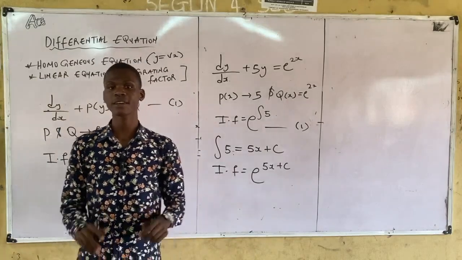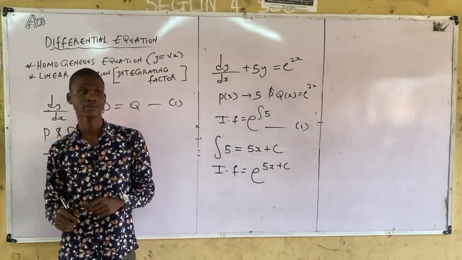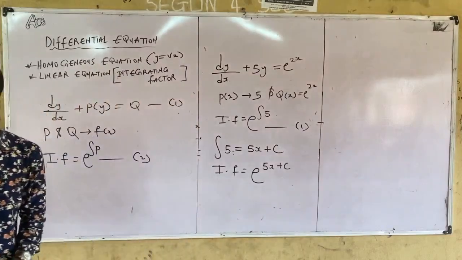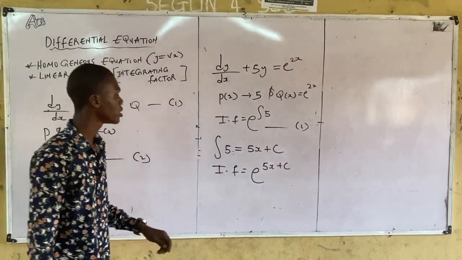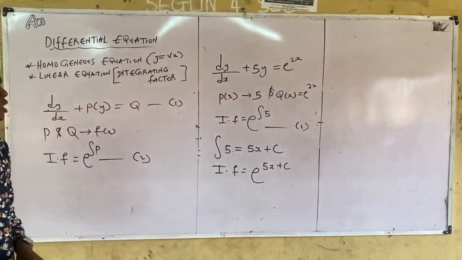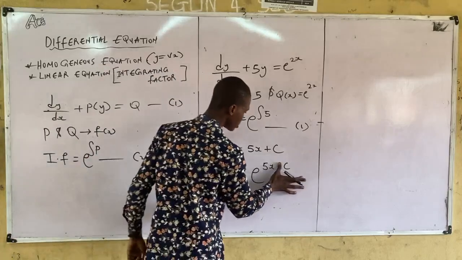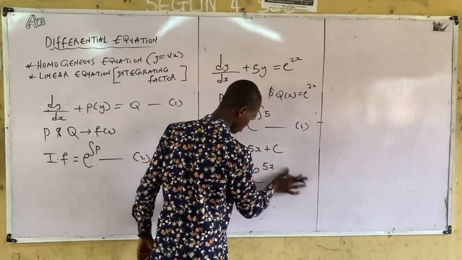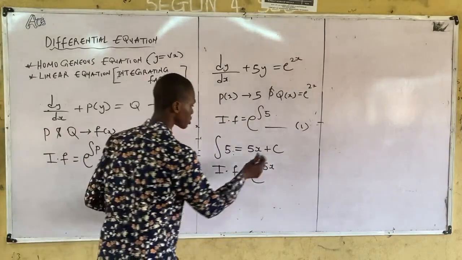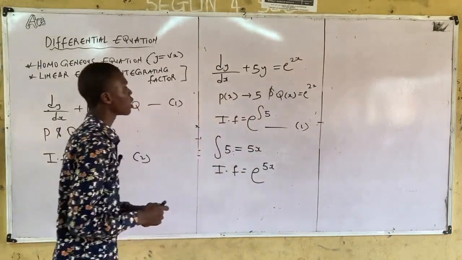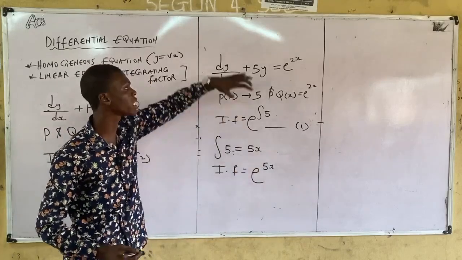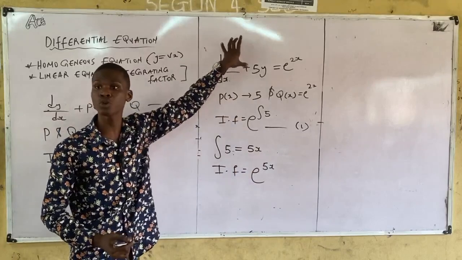From here, what you do is multiply both sides. Don't introduce your c yet. Multiply your integrating factor by the given equation, the original equation.